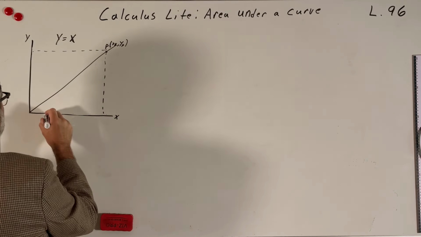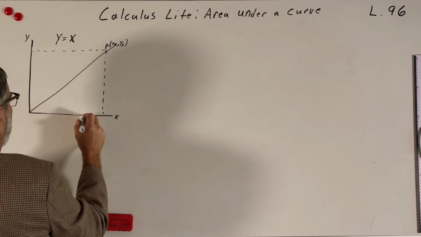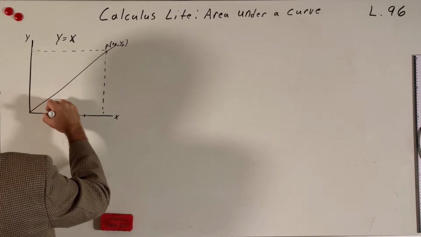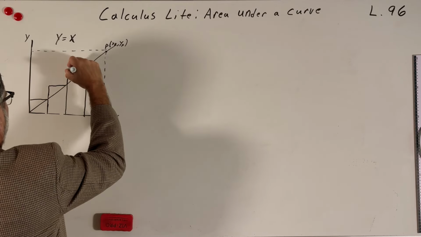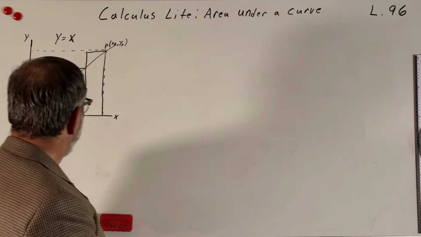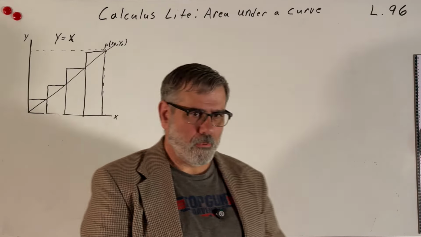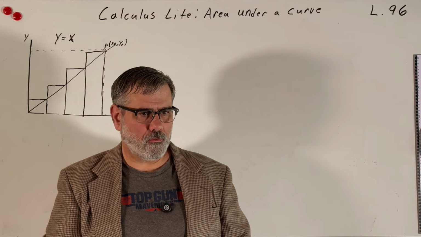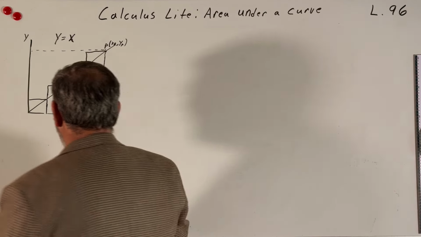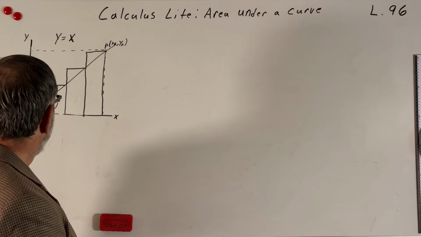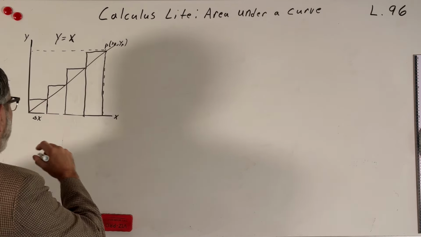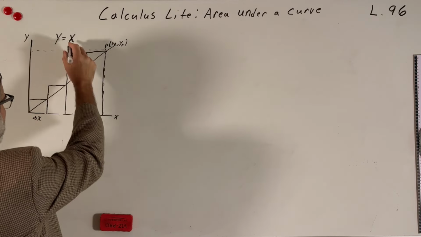I'm going to divide this into a few intervals. So I'm going to break this up into 4 rectangles because I know how to calculate areas of rectangles, right? And so I'm going to call the width of each of these rectangles delta x, okay? And the height we're going to get from this equation here, right?